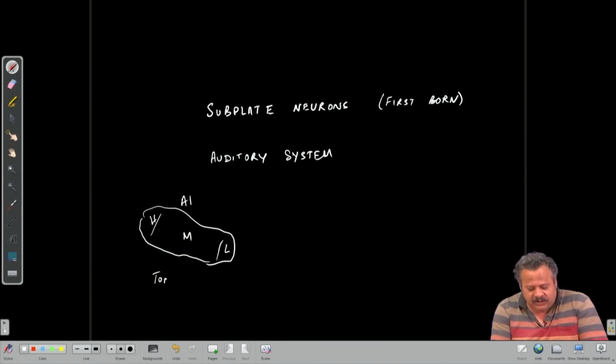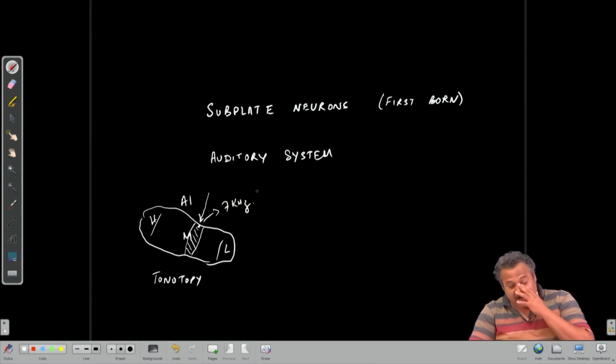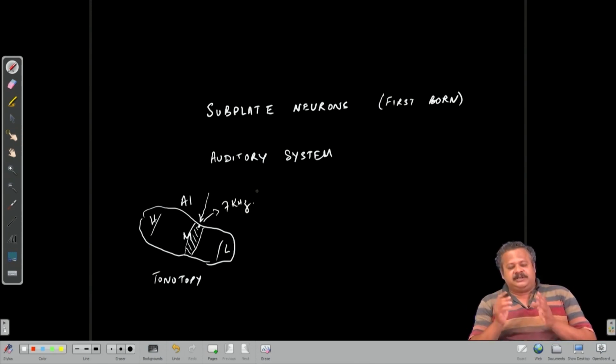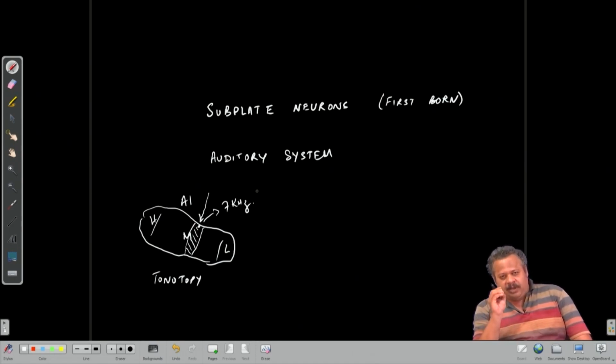So that is what we call as tonotopy. We also said that if during critical period we expose an animal with presentation of one particular frequency that is represented normally, let us say over this hatched region, let us say this is 7 kilohertz, and let us say this is a rat A1, and it is presented with 7 kilohertz pips of tones, simple pure tone continuously, like every half a second or so.